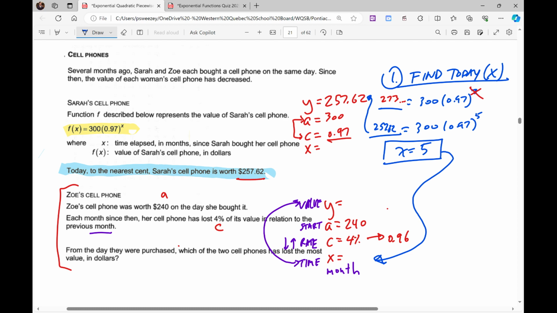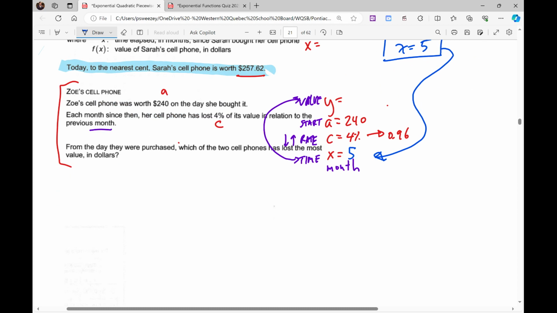Okay, moving on. So just to finish this guy up, and we'll talk about Die Hard after this. Once I get that this X is equal to 5, and I know that today is 5 months later, then I can now use that for Zoe's cell phone. I can look at it and go, well, Y is equal to A times C to the X. That's the form I'm working in. Y is what I don't know.